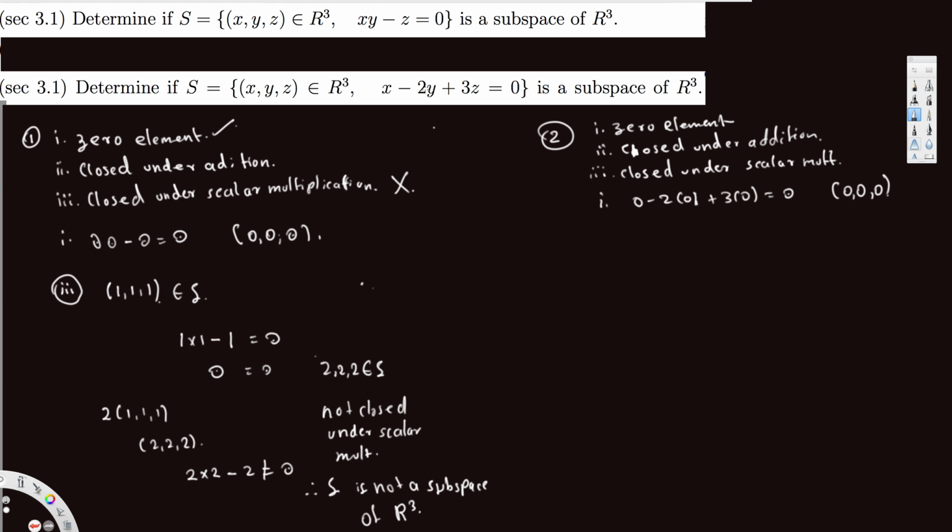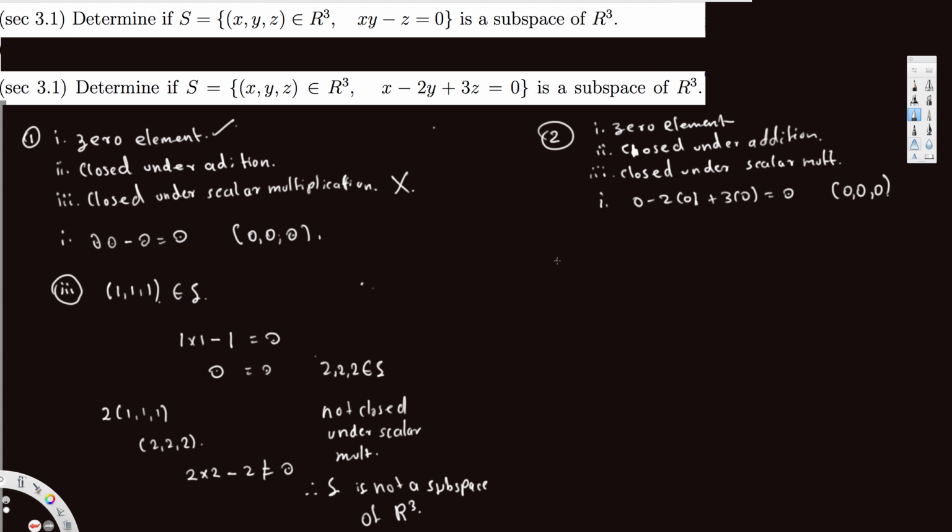Minus 1, minus 2, plus 3: minus 3 plus 3 is 0. So let's multiply that by 2: minus 2, 2, 2. Minus 2 minus 2 times 2 is minus 4, so minus 2 minus 4 is minus 6, and 3 times 2 is 6. That gives us 0. So I have an idea that this is going to be a subspace of R3.